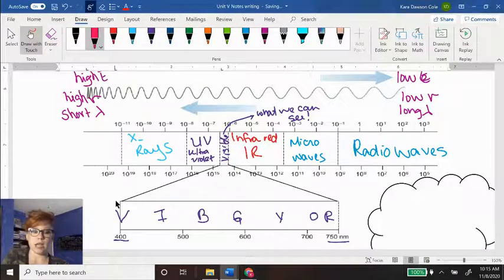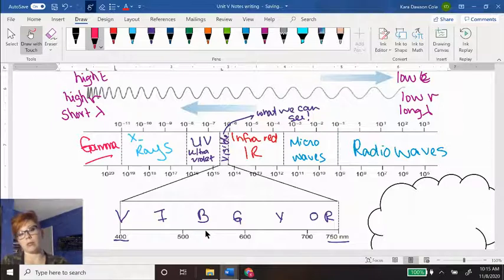The final type of light that we talk about in this class is gamma. Gamma are very high frequency waves and radiation. These are going to be from cosmic rays and that type of thing that are bounced off of our atmosphere.